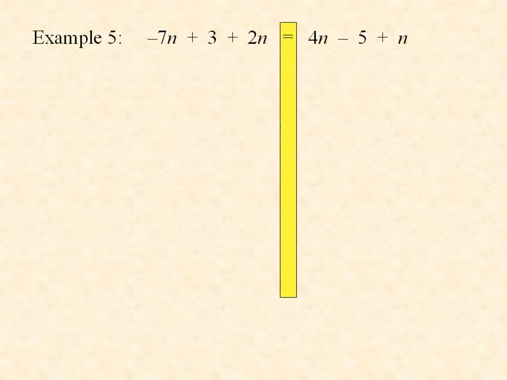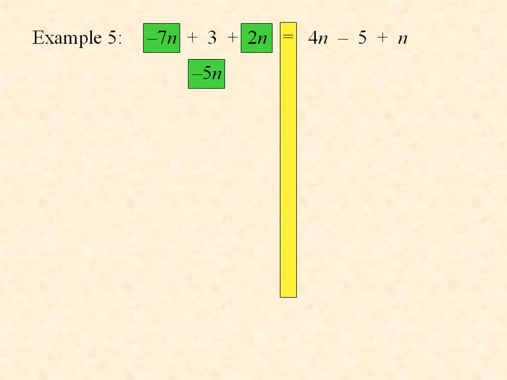Example 5. Negative 7n plus 3 plus 2n equals 4n minus 5 plus n. Again, we identify the sides of the equation. We can simplify both sides here. On the left, we have the like terms negative 7n and positive 2n.